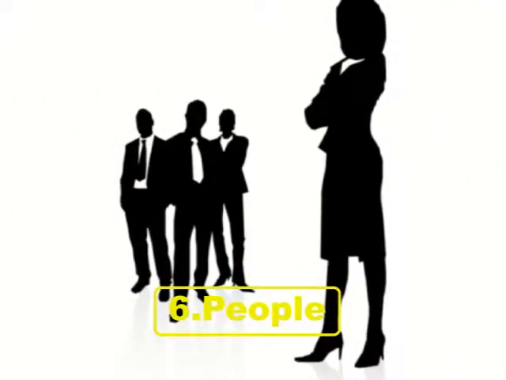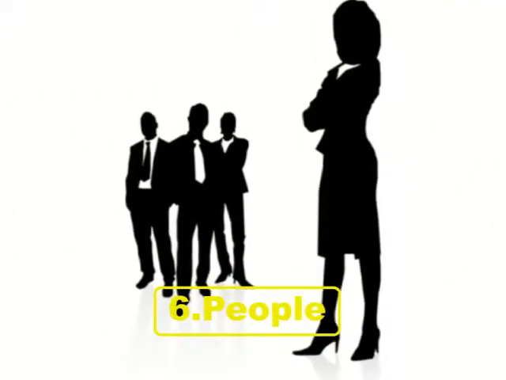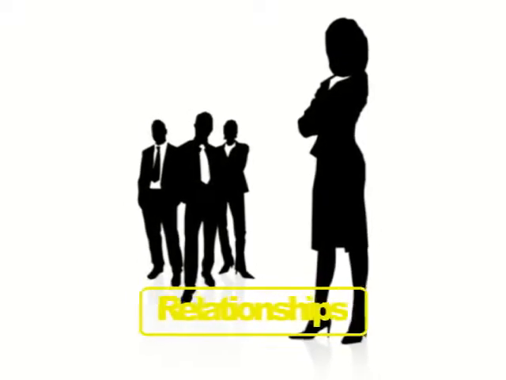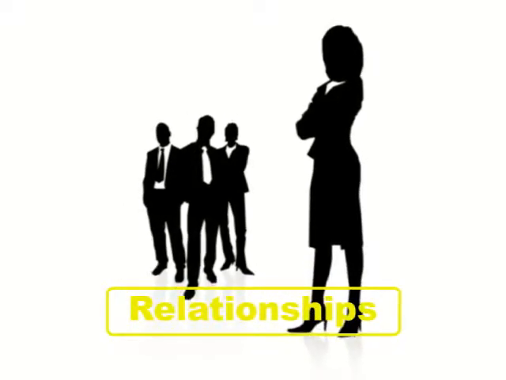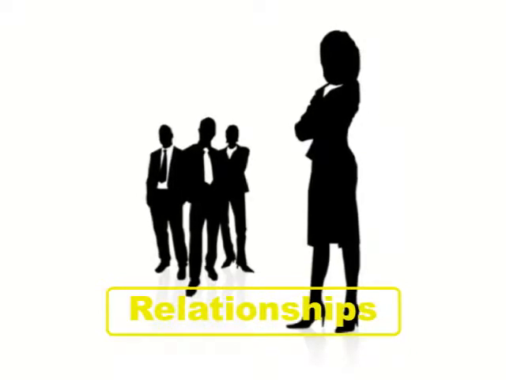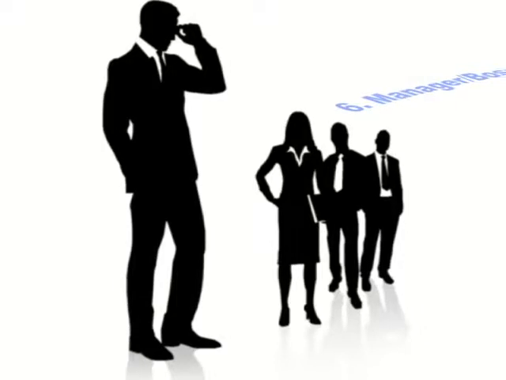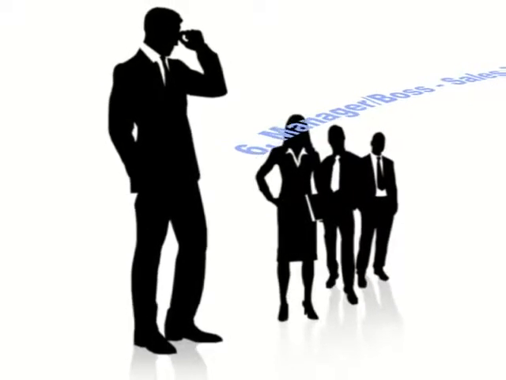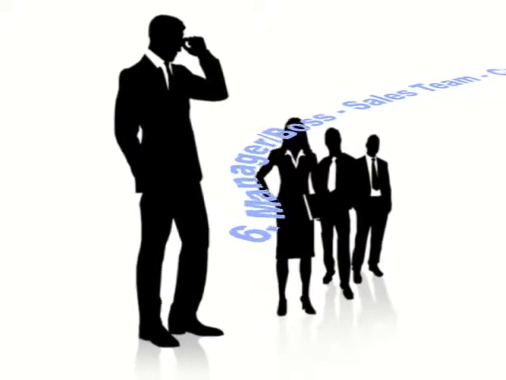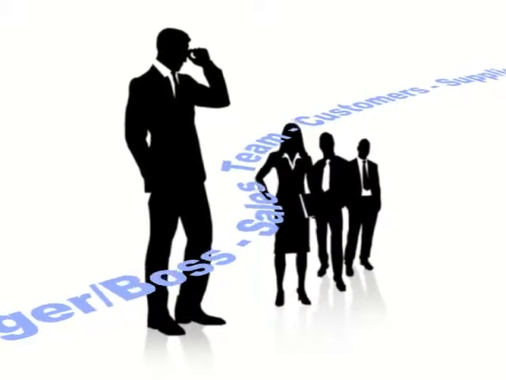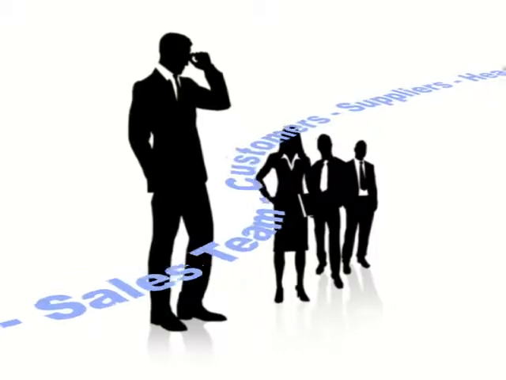The sixth area that we looked at was people and relationships, and we looked at that through the context of each of the various different hats that you wear, as well as your manager or your boss, your team, your direct reports, your customers, your suppliers, your support center or your head office, any project teams that you might be on.